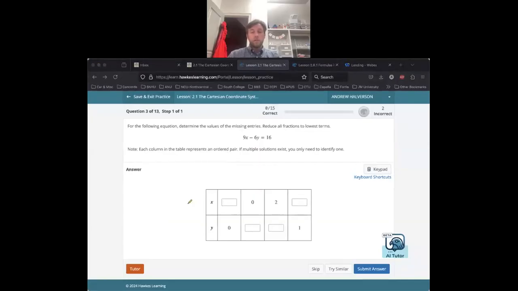Now let's come over here. Notice the chart gives us some values for x and some values for y. But it also says, here's the value for y, but there is no value for x. We have to find it. The cool thing is that this formula here is the way we're going to find the missing value.